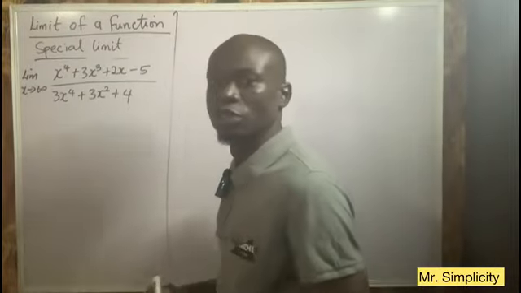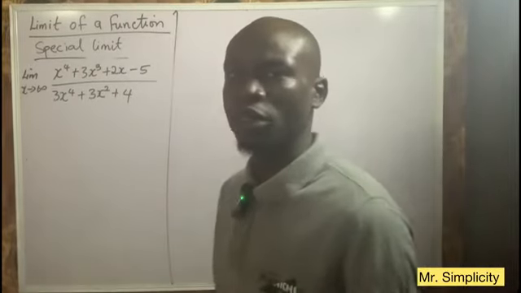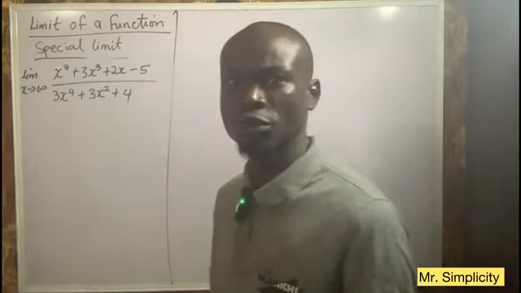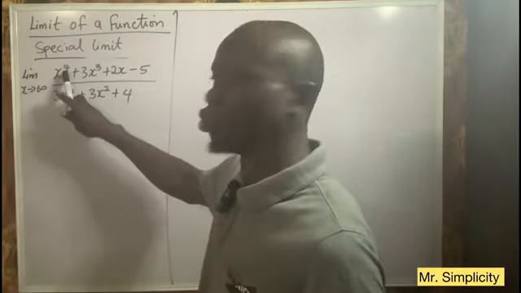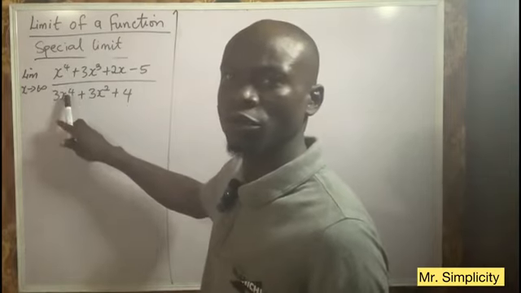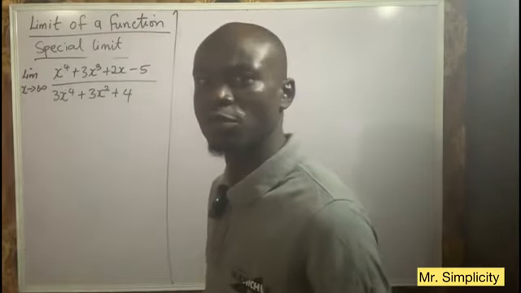So this is another example. Limit as x tends to infinity. If you observe, what's the highest power here? x raised to power 4. We have it both at the numerator and at the denominator. So what we need to do is divide through by the highest power.